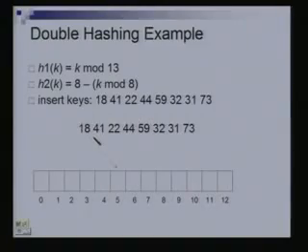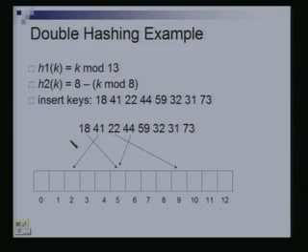Okay, so let's insert the first element, 18. 18 mod 13 is 5. So it will go to location 5. 41 mod 13 is 2, so it goes to location 2. 22 mod 13 is 9, goes to location 9. 44 mod 13 is 5. So it tries to go to location 5, but location 5 is already occupied.